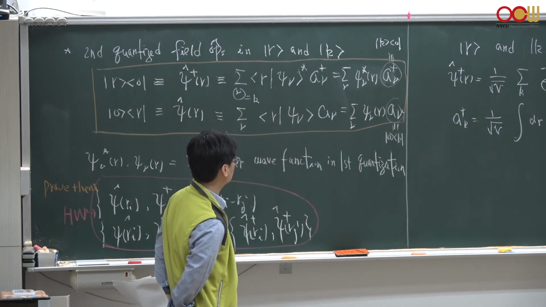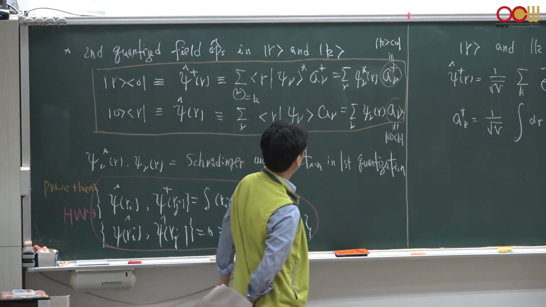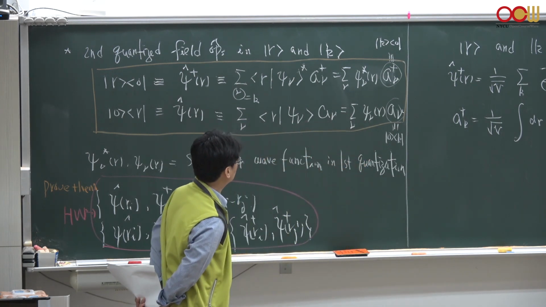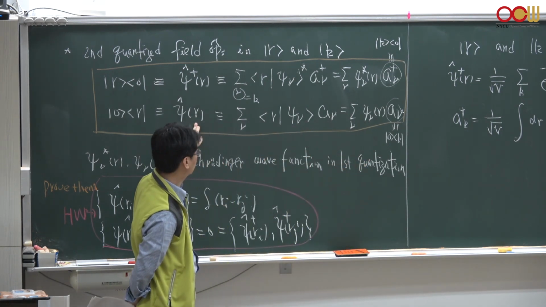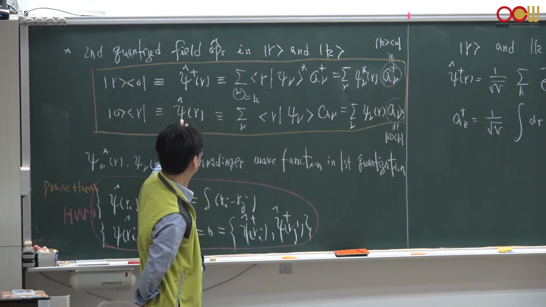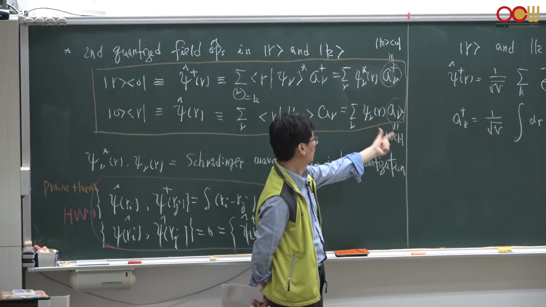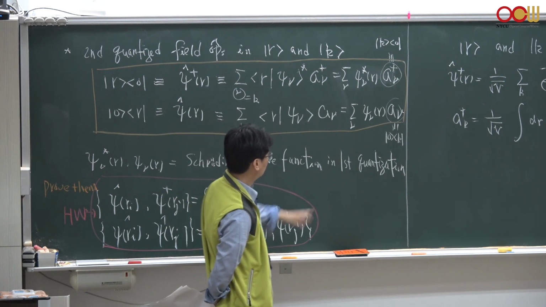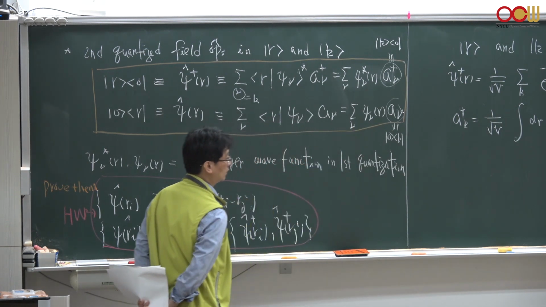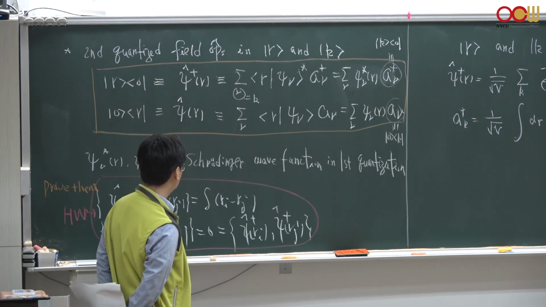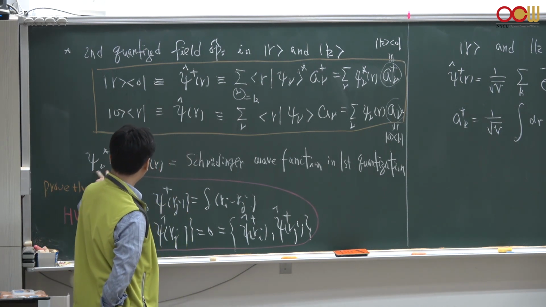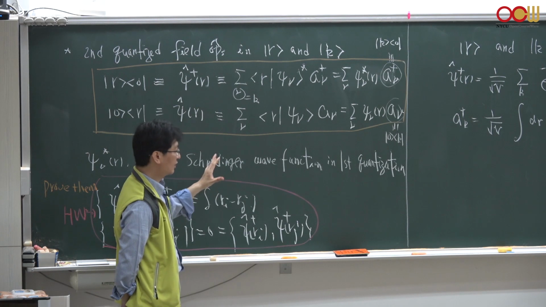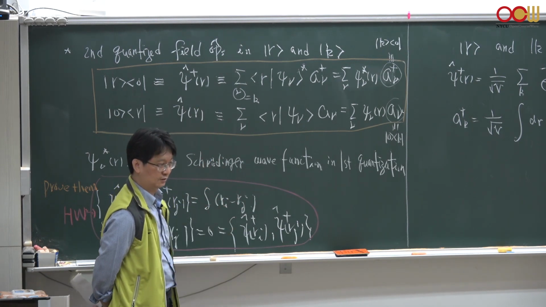This a dagger nu is just destroying the empty state and creating a single particle momentum state K. Likewise, I can rewrite this destruction of a single fermion in real space in terms of a Fourier expansion of the single particle destruction in momentum space with the proper Fourier coefficient psi nu. Remember, this psi star nu as a function of R and psi nu as a function of R are precisely the Schrödinger wave function in first quantization quantum mechanics.